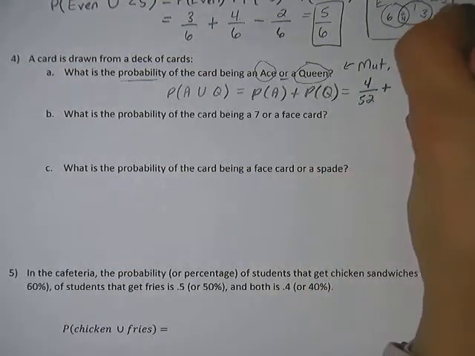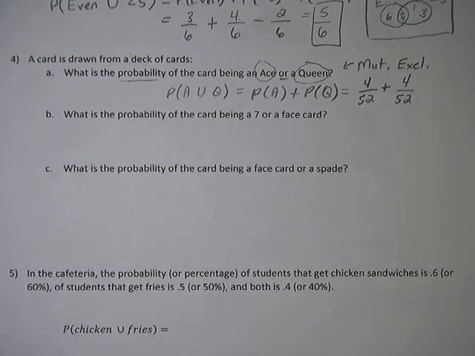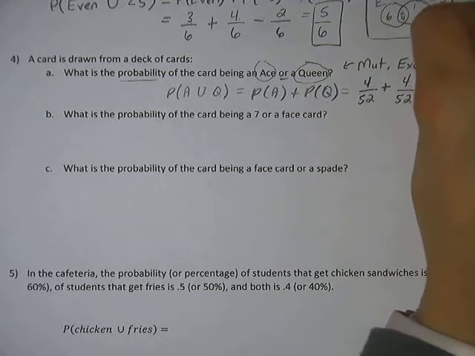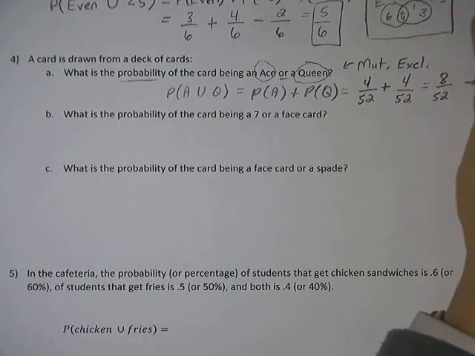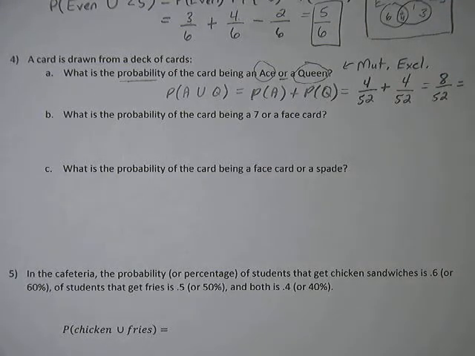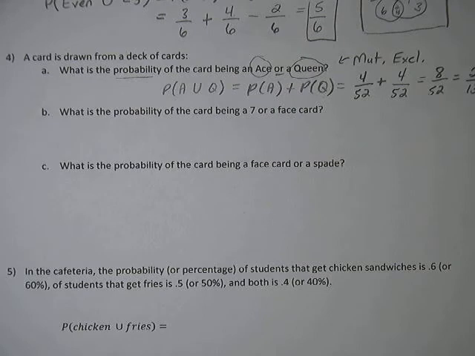Well, there's 4 queens out of the 52 cards. So I have a 4 out of 52 chance of getting a queen. And so from there, we just add them. So it'd be 8 out of 52. And then from there, we just reduce what we've got. So 8 out of 52 reduces to 2 over 13. So we have a 2 out of 13 chance of getting an ace or a queen.